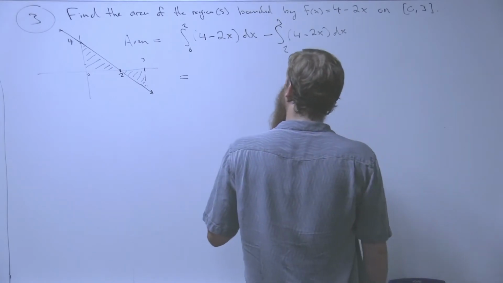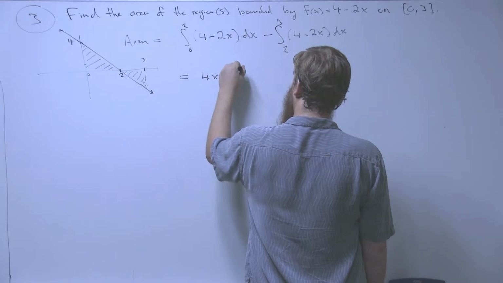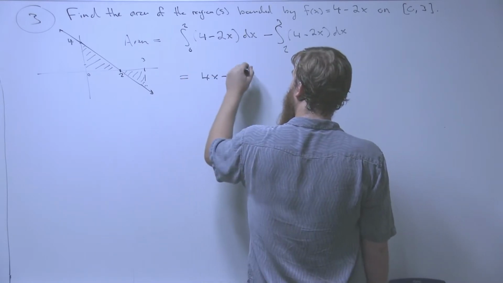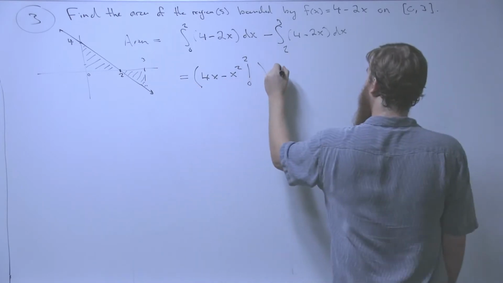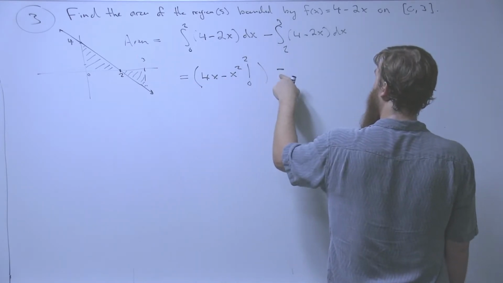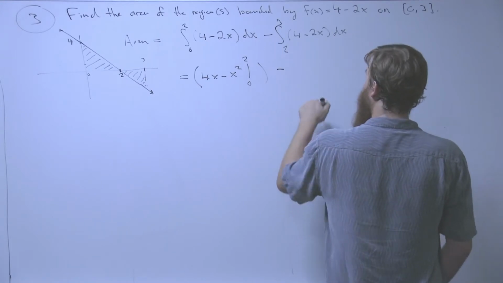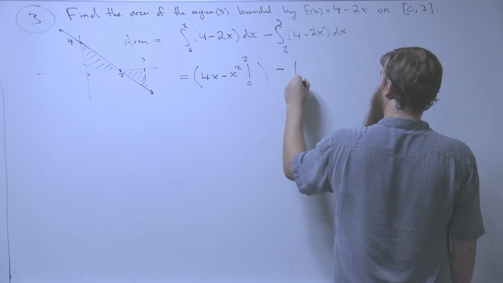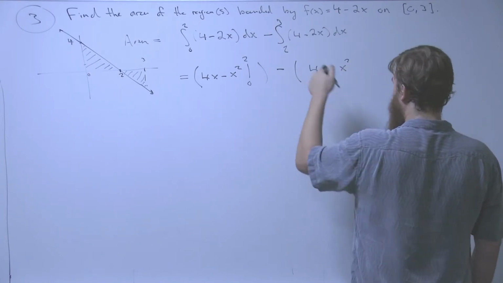So an antiderivative for 4 minus 2x is 4x minus x squared. And we'll need to evaluate that guy between 0 and 2. Once we have done that, we will subtract off this guy's antiderivative evaluated between his endpoints. The antiderivative here is the same. It's 4x minus x squared because it's the same integrand.